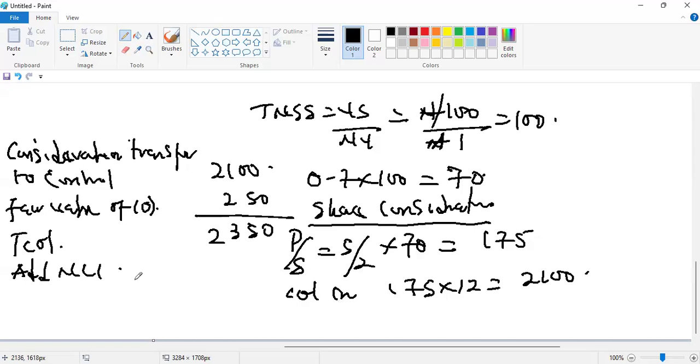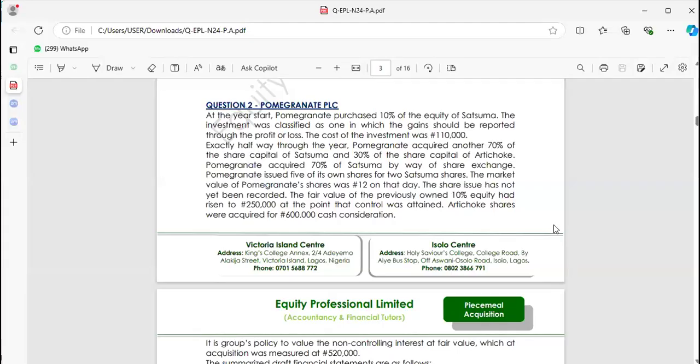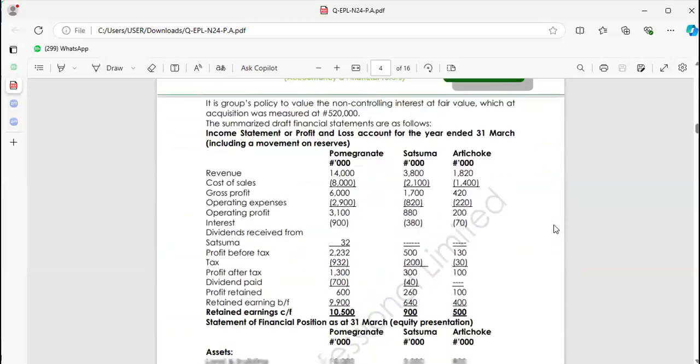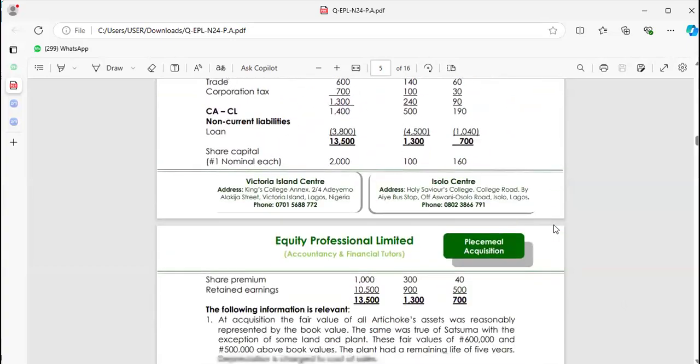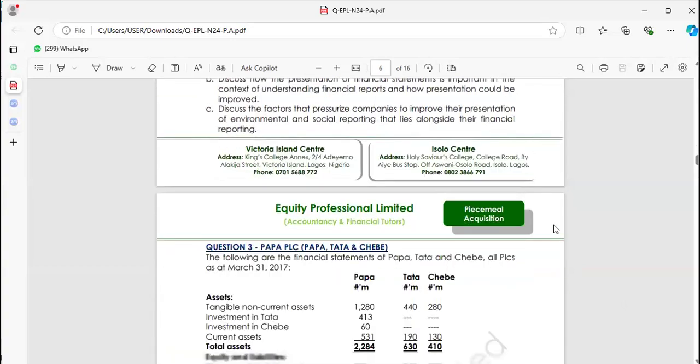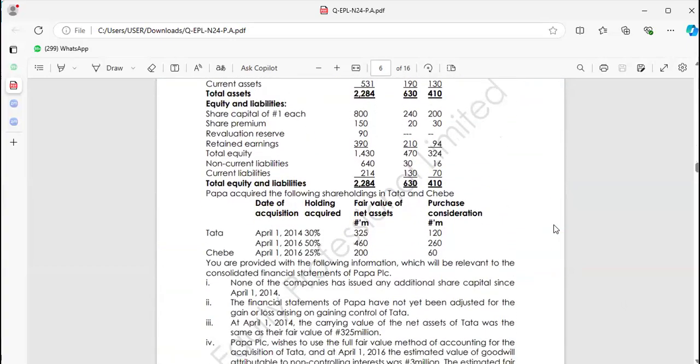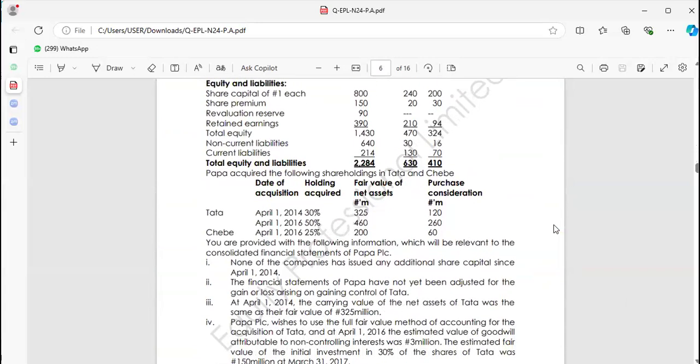Let me show you another one. Look at it. April 1st, 2014, you acquired 30% at a cost of 120.